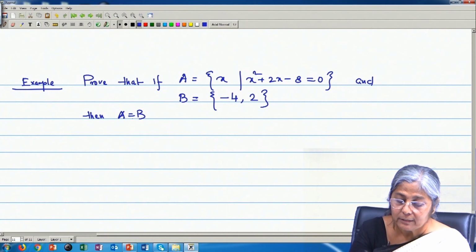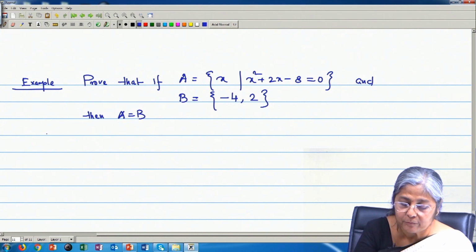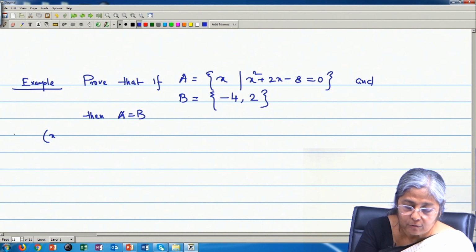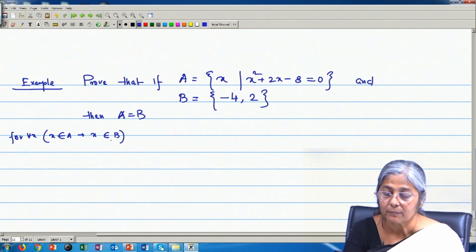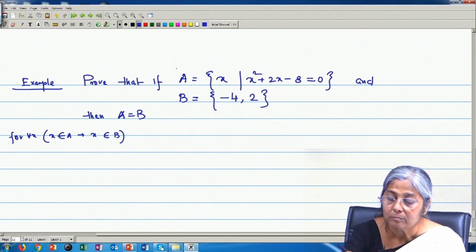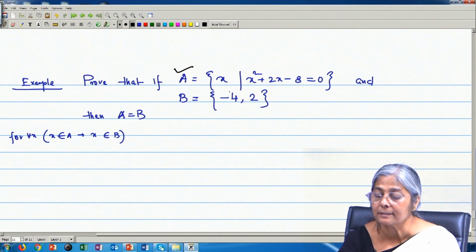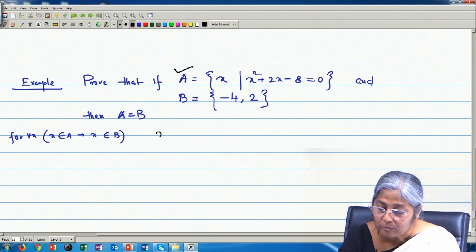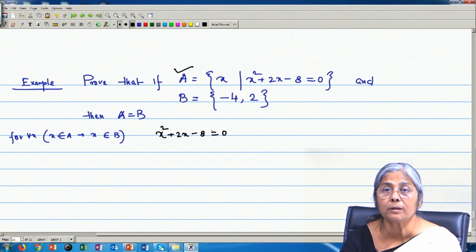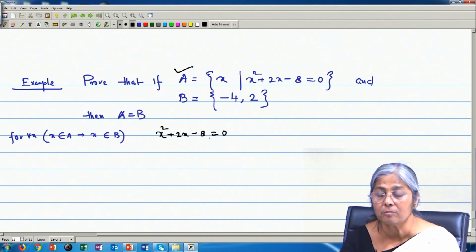So, first I have to show that for all x, x belongs to A implies x belongs to B. What type of set is A? A is the set of x such that x square plus 2x minus 8 equals 0.